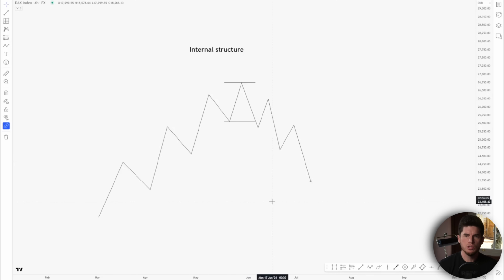So what do we need to be doing in this internal structure before we start getting involved in buys again? If the 4-hour is printing lower lows and lower highs, so you have a lower low and a second lower low which leaves behind a lower high, it then creates another lower low which leaves behind another lower high, then what we're waiting for is the same thing that happened that created the pullback.